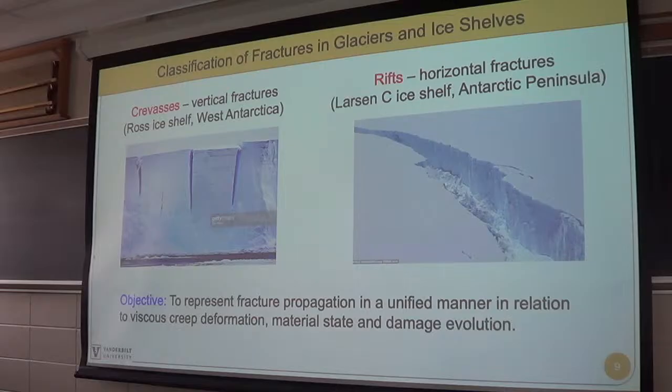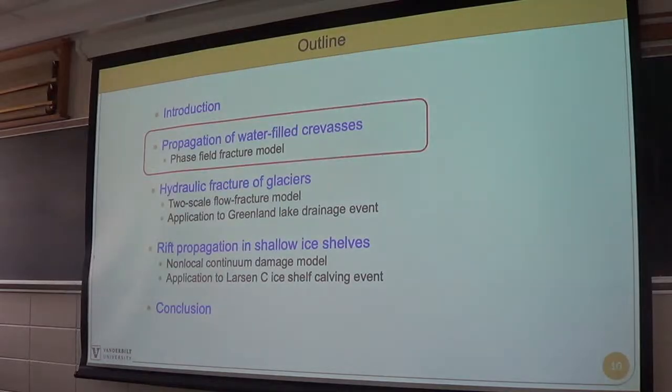So it has this special type of time-dependent deformation that comes into play. And it also is related to the prior material state, and then it's a time-dependent evolution problem. So if we try to model that together, maybe we can describe all of these phenomena in one single frame, right? So with that as the objective, let me first look at the crevasse propagation.